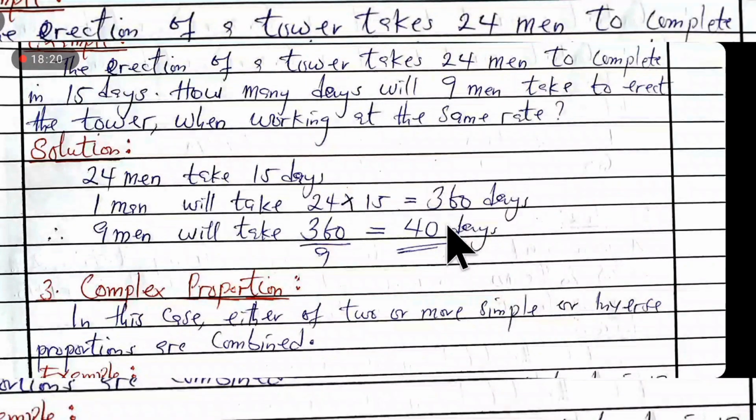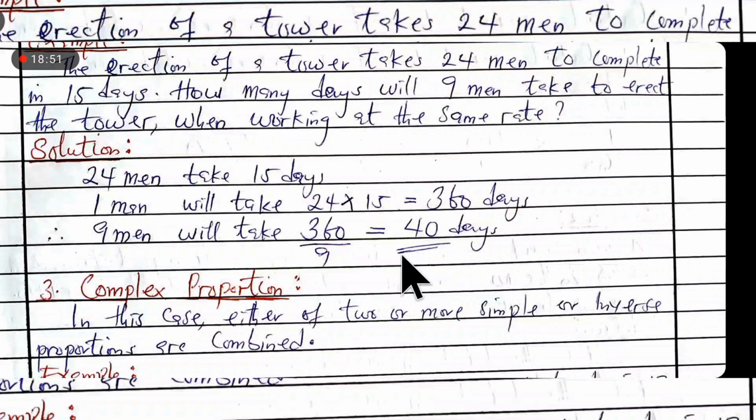So if only one man is doing that work, what 24 people did in 15 days will take one man 360 days. Therefore, for 9 men, that 360 days divided by 9 gives 40 days.